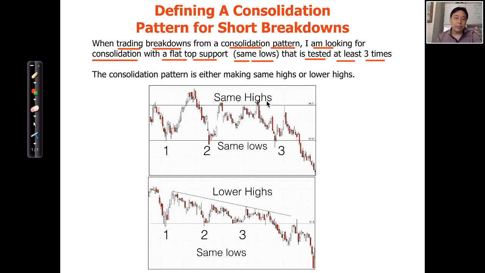So let's take a look at this. This is the first scenario where it makes same lows and same highs. So price goes down, again this could be $10, for example. And then boom, goes up. And comes down, goes up. Comes down, goes up. So that's 1, 2, 3. Again, it's tested 3 times.